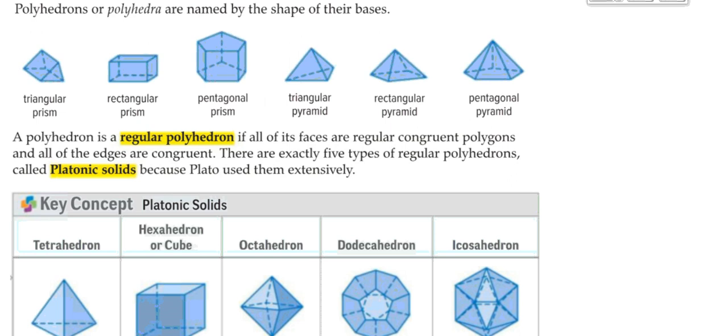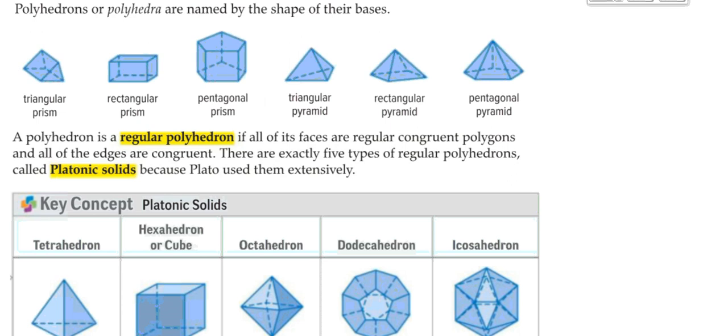And the unique thing about these solids is that sometimes, if it's a rectangular prism, we could pick almost any two sides to be the bases, and then the rest are faces as well. Then there's the pentagonal prism, triangular pyramid, rectangular or square pyramid, and pentagonal pyramid.